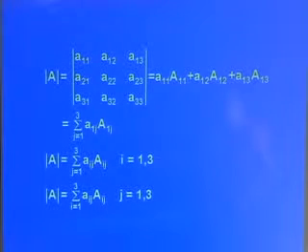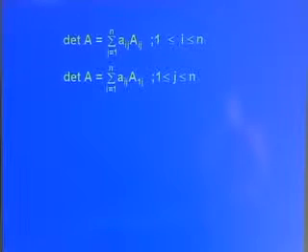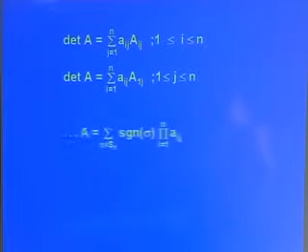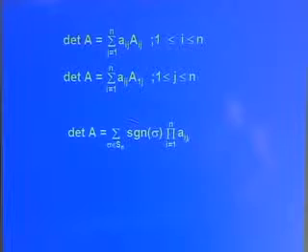That means it can be expanded about any row, and when j takes values from 1 to 3, it can be expanded about any column. For a general square matrix of order n, the formula can be written in this particular form, where i will take values from 1 to n and j will take values from 1 to n. This is what we have obtained earlier, determinant A equal to the sum over sigma belonging to Sn. So that is how this definition is derived from the definition which I introduced in the beginning.